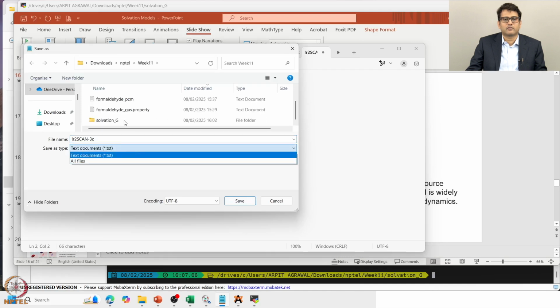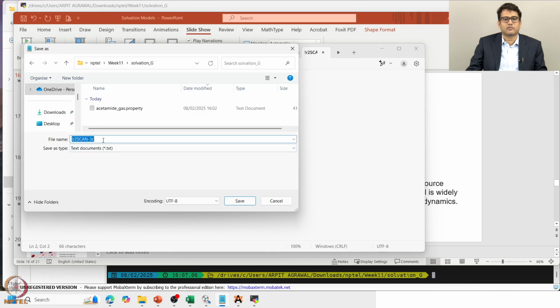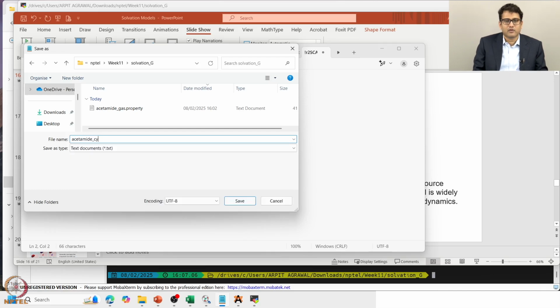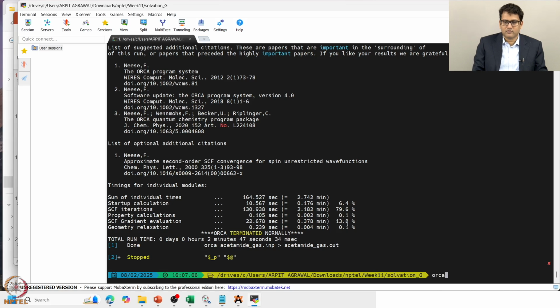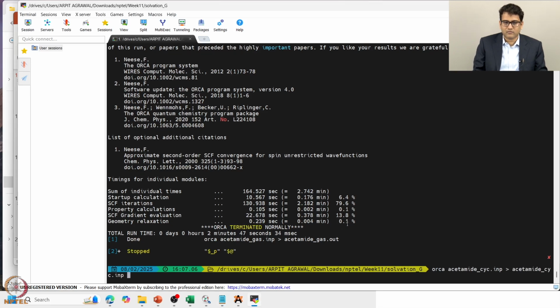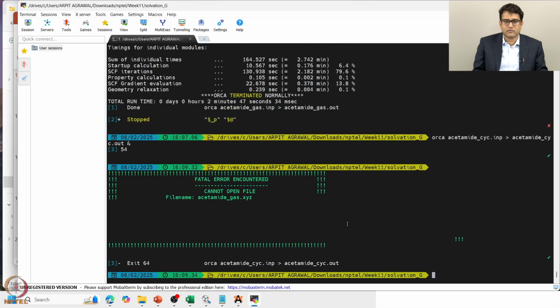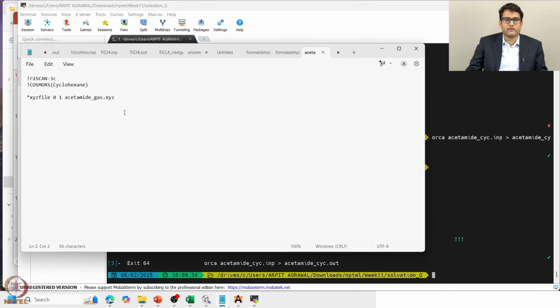Let's write acetamide dot INP. So it says that it cannot find the file.